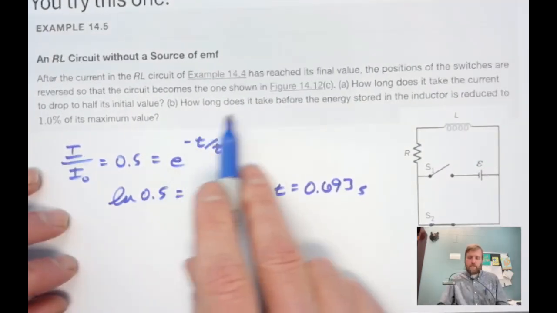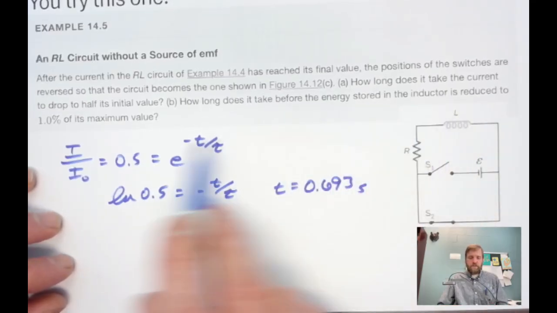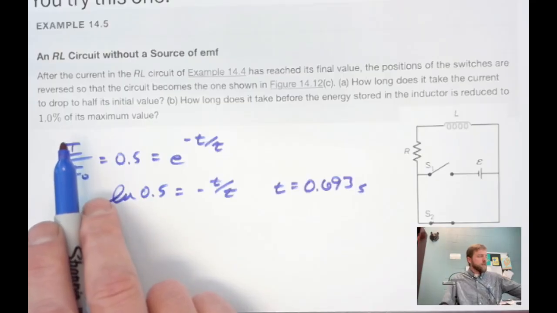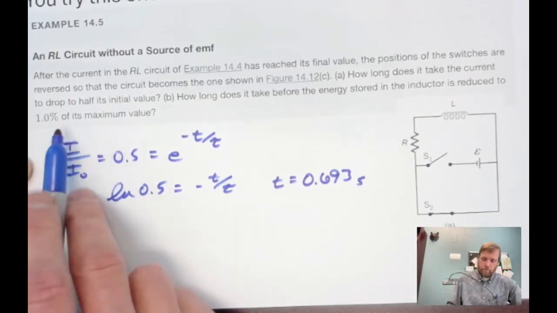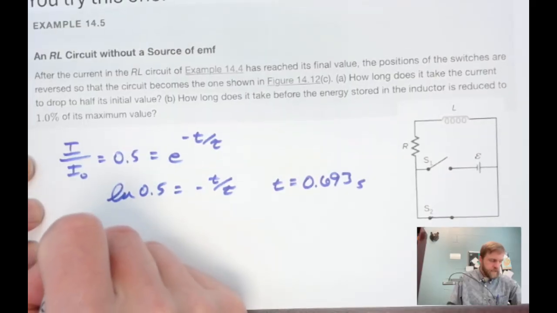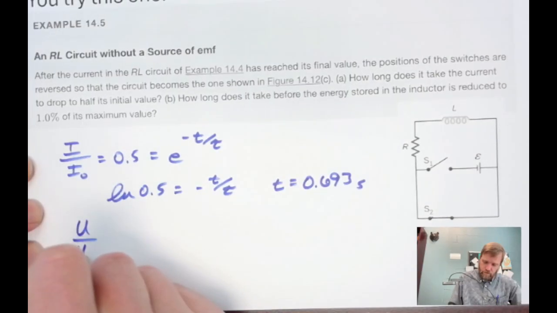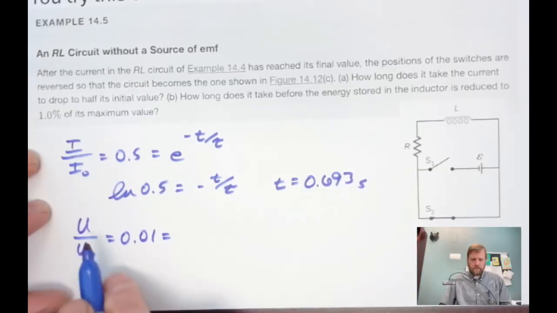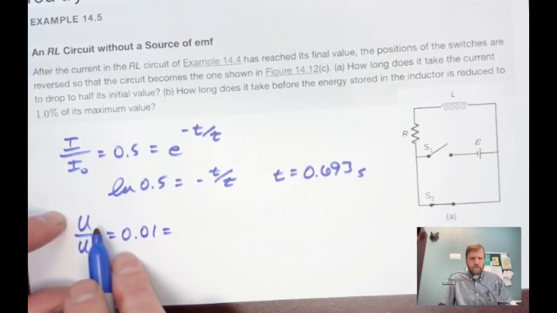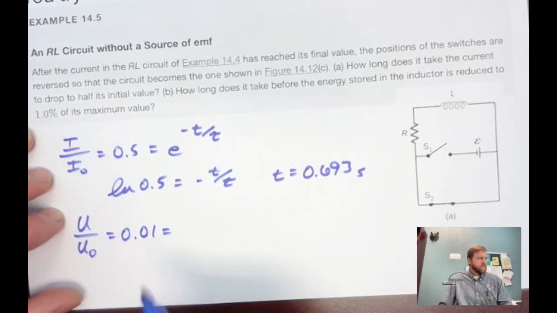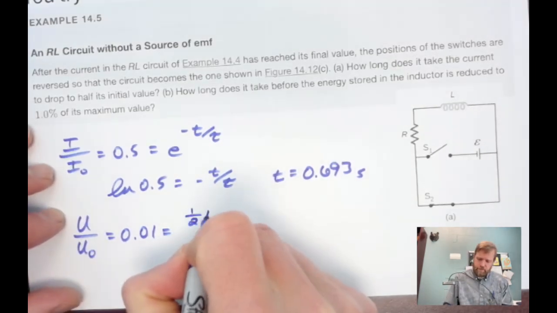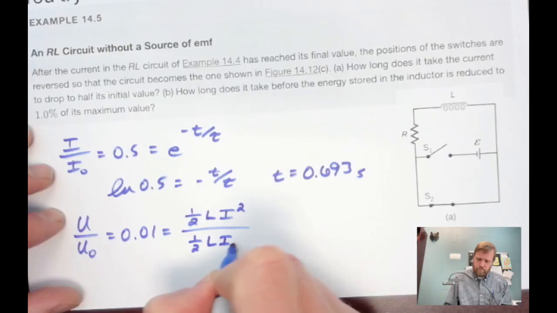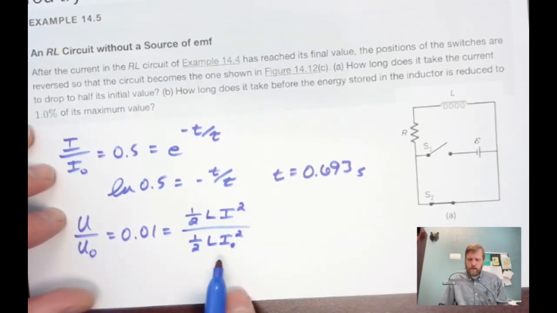Part B is how long does it take before the energy stored in the inductor is reduced to 1% of its maximum value. If we want the energy to be reduced to 1% of its maximum value, we need U over U naught to be 0.01. U is the potential energy, U naught is the starting potential energy, and U is 1/2 L I squared, and U naught is 1/2 L I naught squared.